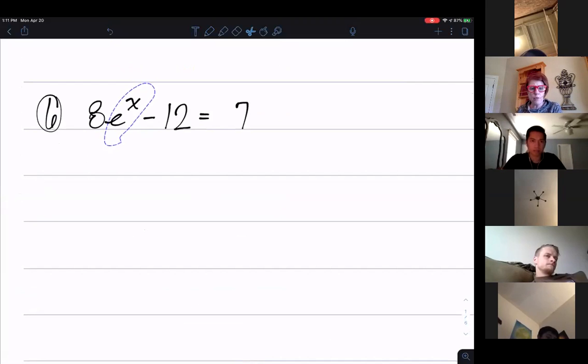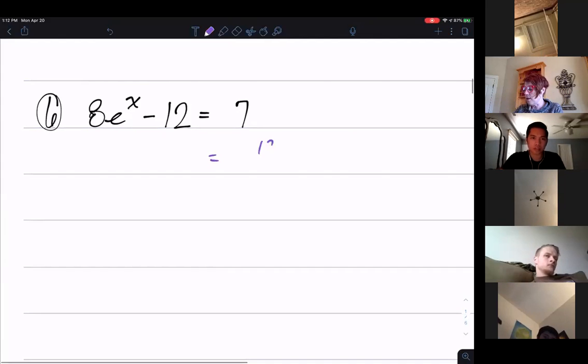So the first thing I'm going to move is the 12. So 7 plus 12 is going to end up being a 19. And then after I get that 12 moved, I'll move the 8. So this will end up being 19/8 is equal to e to the x. So add 12, divide by 8.